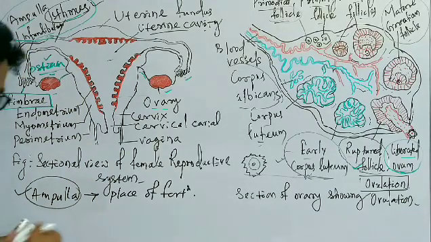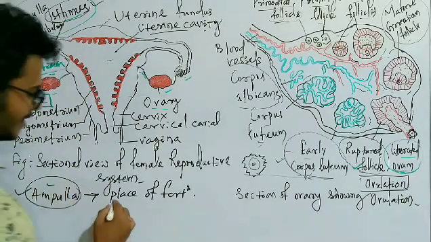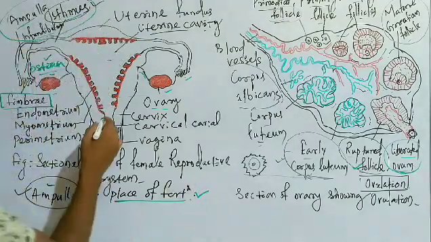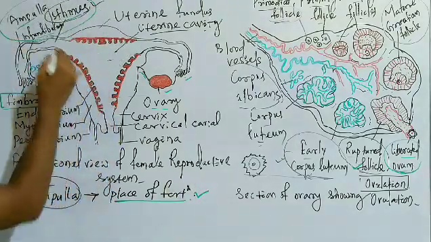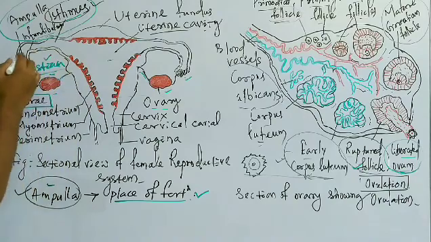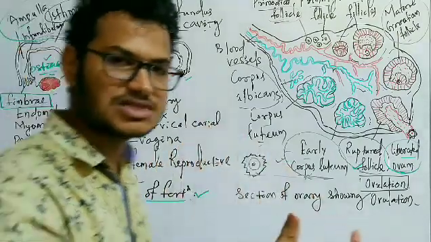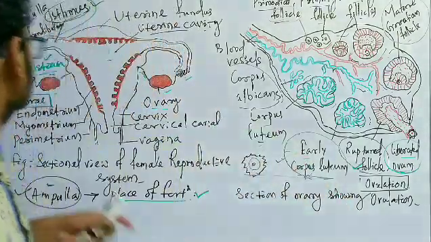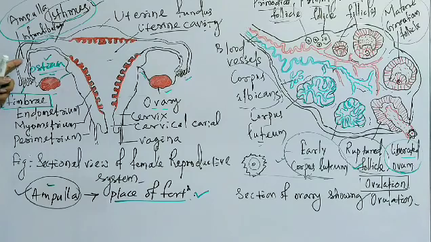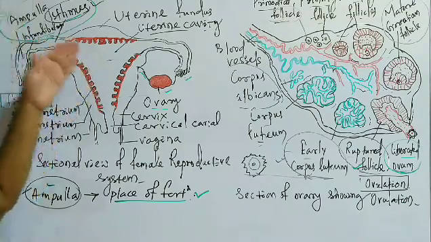I have told you that the ampulla is the place for fertilization, so the sperm also need to travel through the uterus to reach the ampulla. Here also the cilia guide the sperm to reach the mature ovum present in the ampulla region, and it also directs the unfertilized ova to reach the uterus.